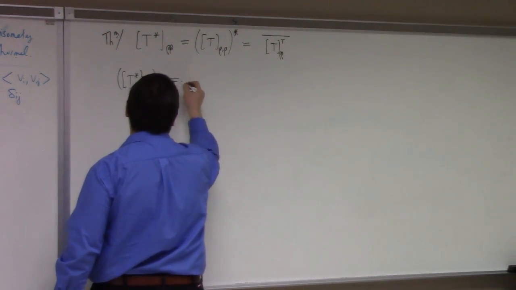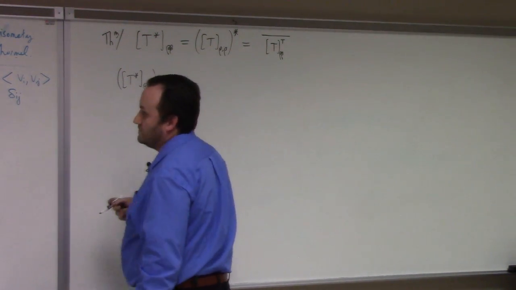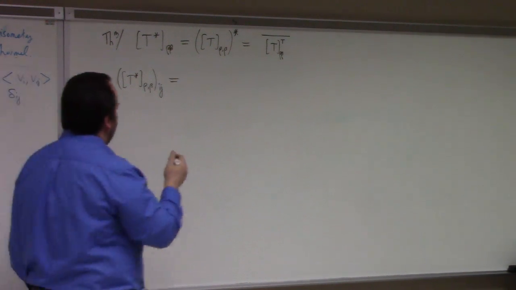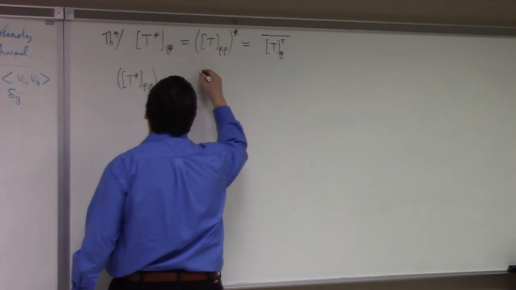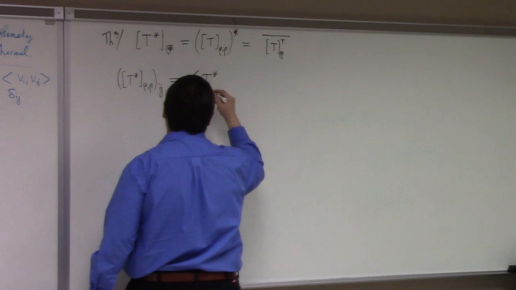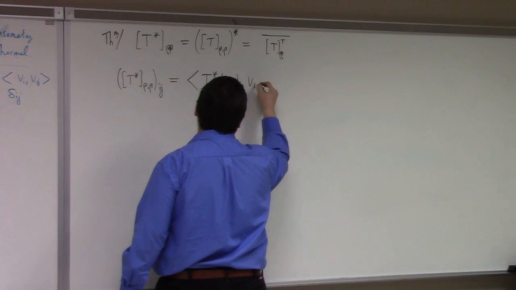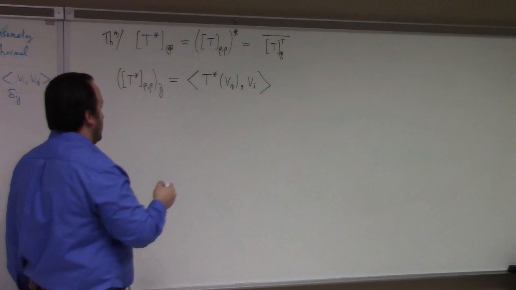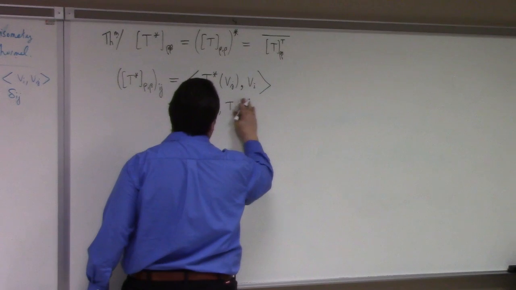What did we learn? I have erased it. But if I recall correctly, we have that this is T star of v_j, v_i, and so that is v_j, T of v_i, right?